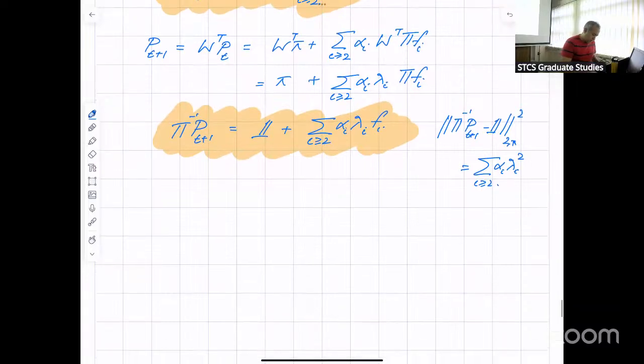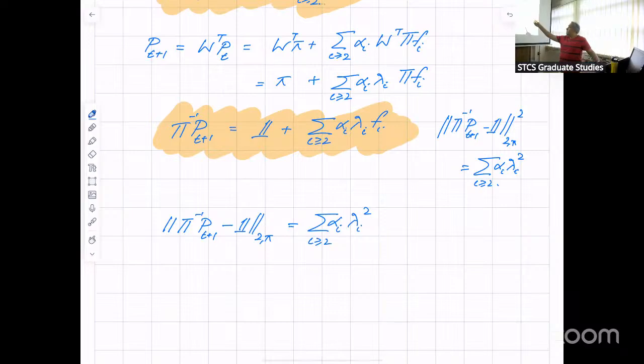In other words, pi inverse P^(t+1) minus 1, in the pi norm squared, is equal to summation alpha i squared lambda i squared, i greater than or equal to 2. I want to relate it to summation alpha i squared.